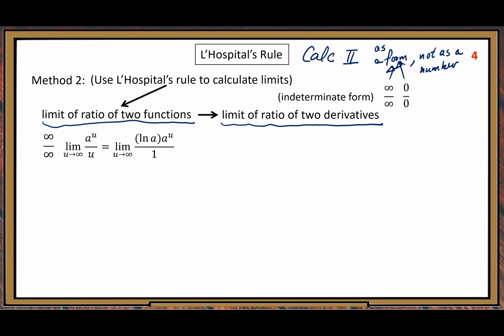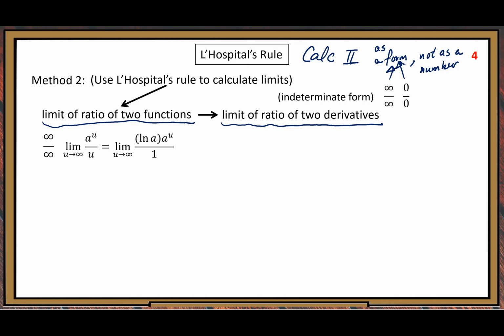So now we apply L'Hopital's rule. Let's take the derivative. By the derivative formula, the derivative of an exponential function equals the natural log of a, the base number, as the constant, multiplied by the exponential function again, a to the u.